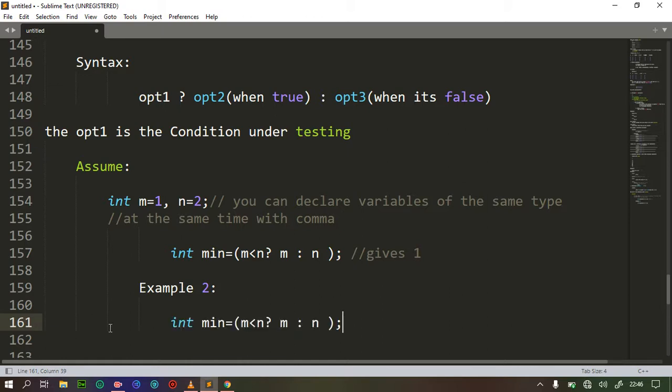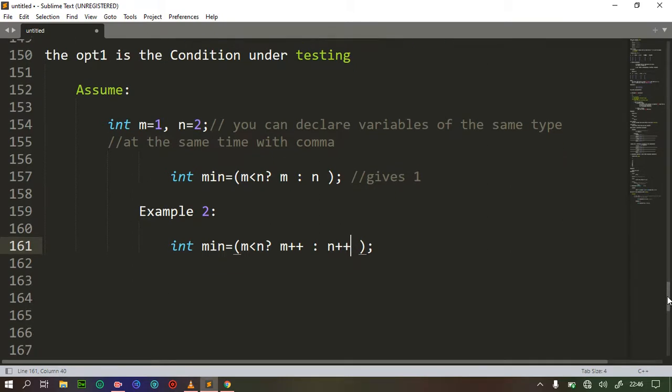So assume I'm testing if m is less than n, but on return, if the condition is true, return a post-incremented m, or return a post-incremented n. Now, for this matter, what is going to happen? M is incremented because m is evaluated.